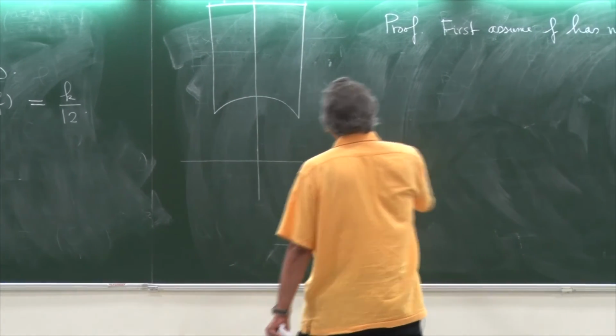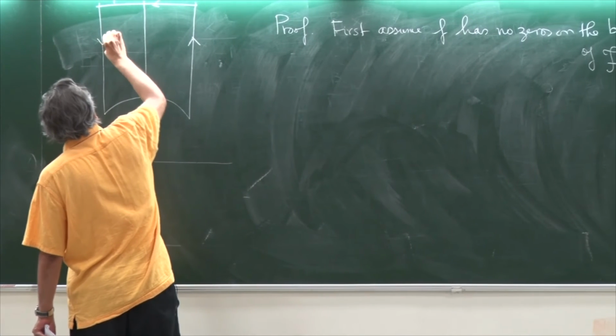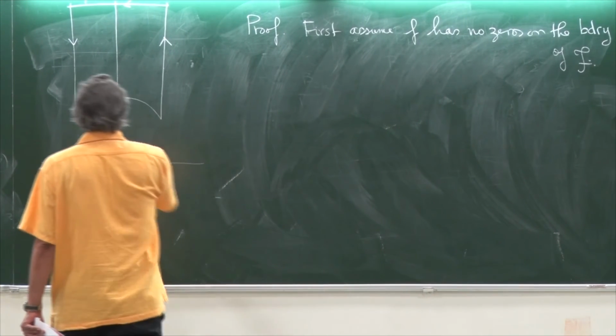Okay. So the contour that we will pick will be of this shape with large t so that all the zeros are now in there.